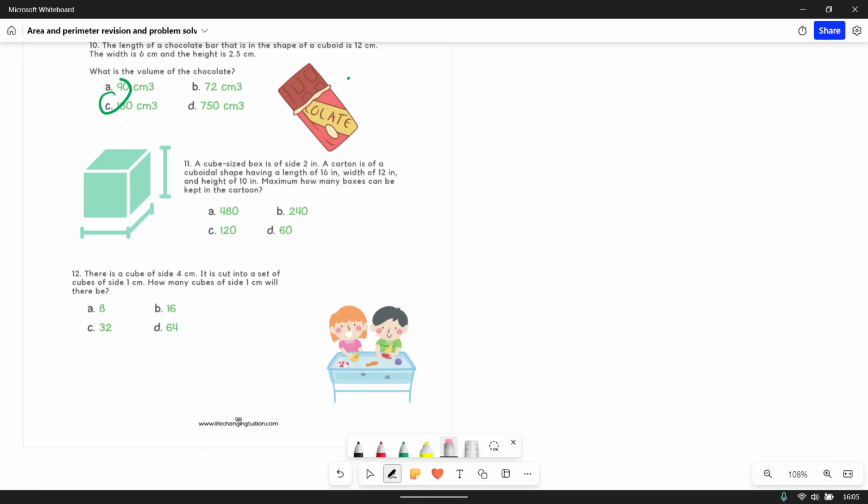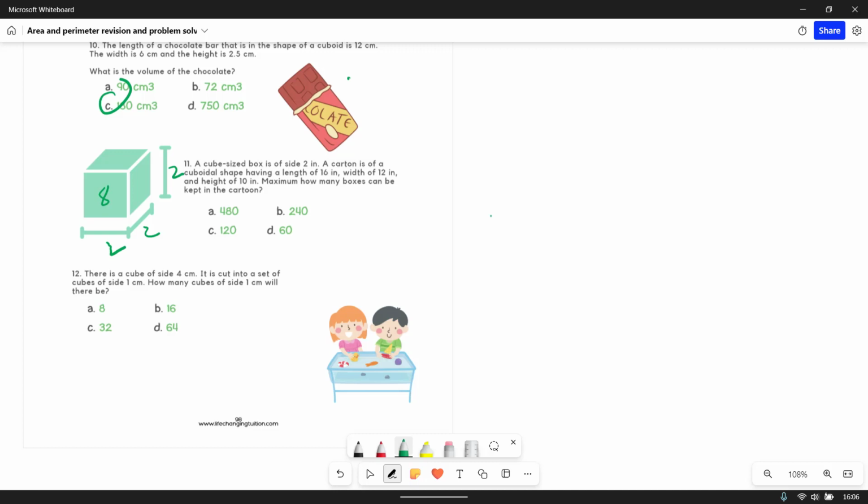Number 11. A cube with a side of 2 meters goes in a carton box, which is 16 meters long, 12 meters. What's the maximum number that will fit? So let's do the volume of the cube. 2 by 2 by 2 gives you 8.